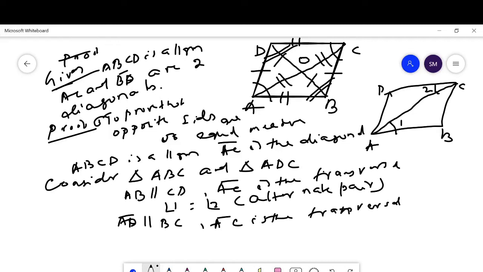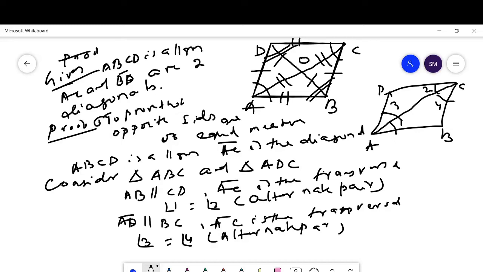Then angle 3 is equal to angle 4 since they are alternate pair.